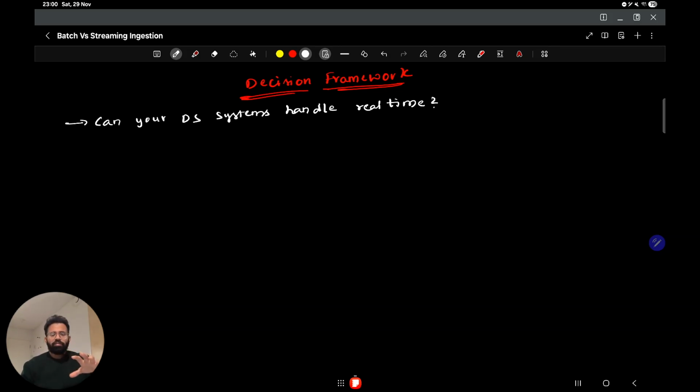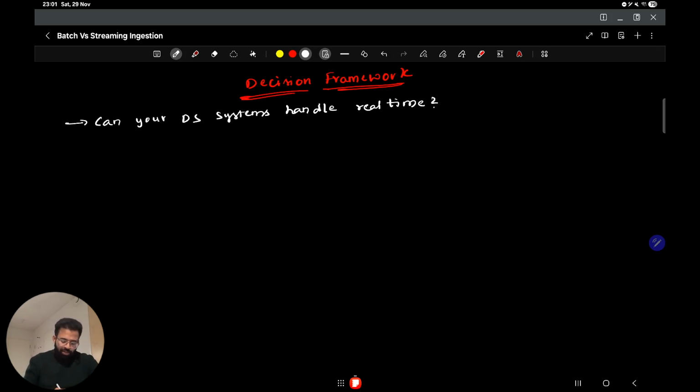Let's say you have a Power BI dashboard and it is refreshing every 1 hour or once a day. Here there is absolutely zero value in streaming the data every second. Streaming only helps when the consumer also needs real-time data, or can handle it. If the consumer applications are not able to handle and process real-time data, then you should reconsider why you want to do streaming in the first place.